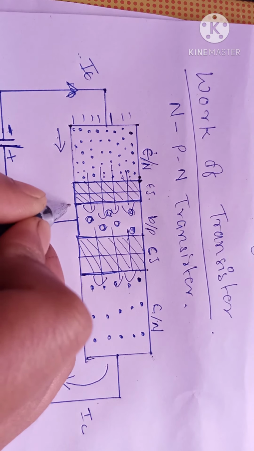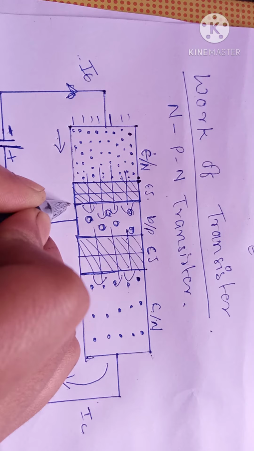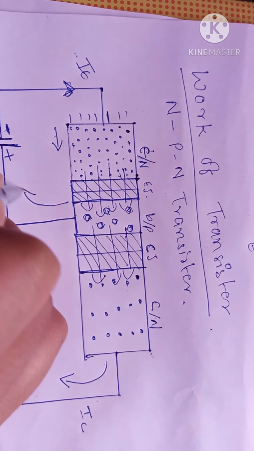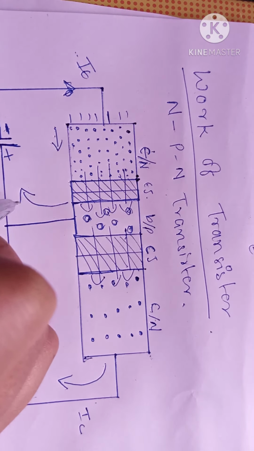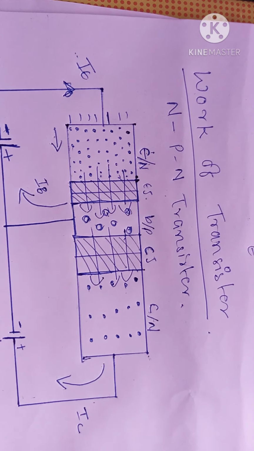So the electrons in the base flow like this and create a current IB, the base current.